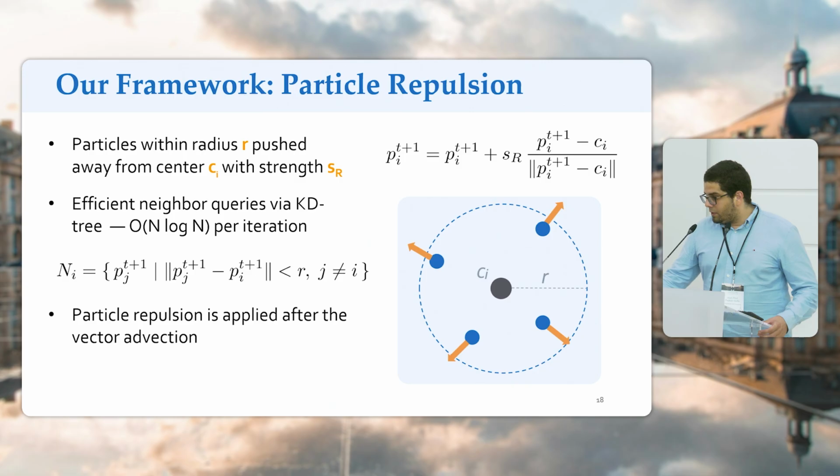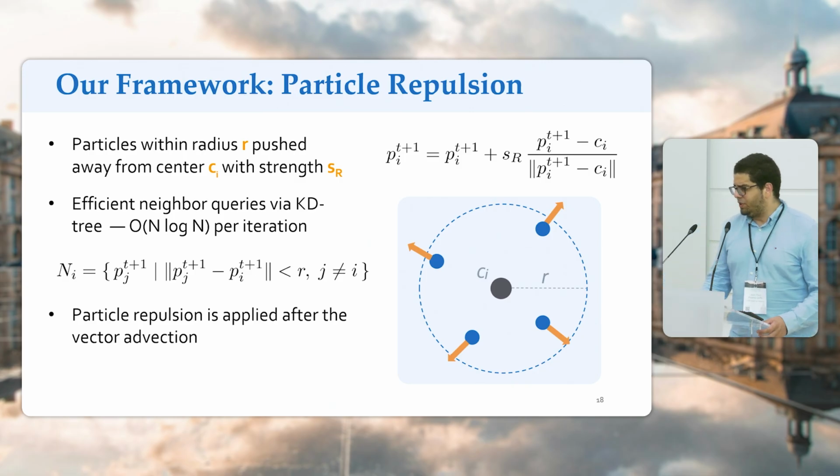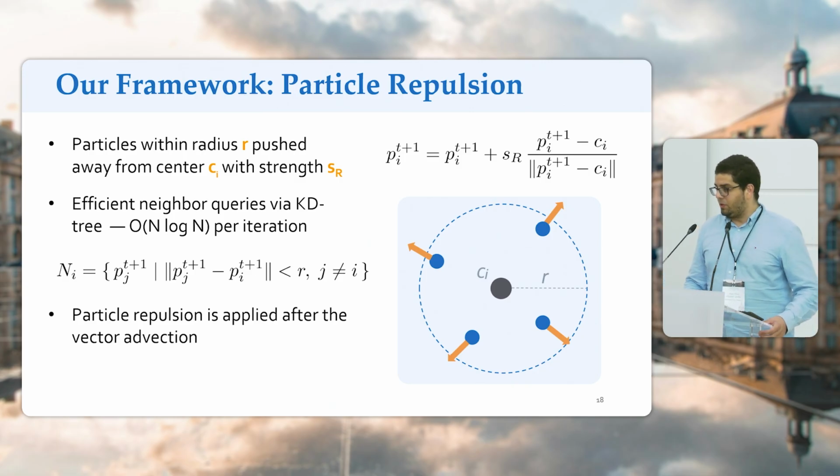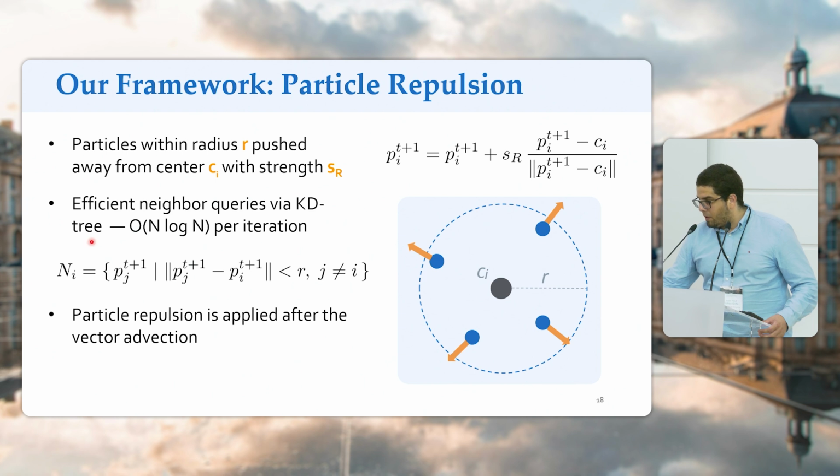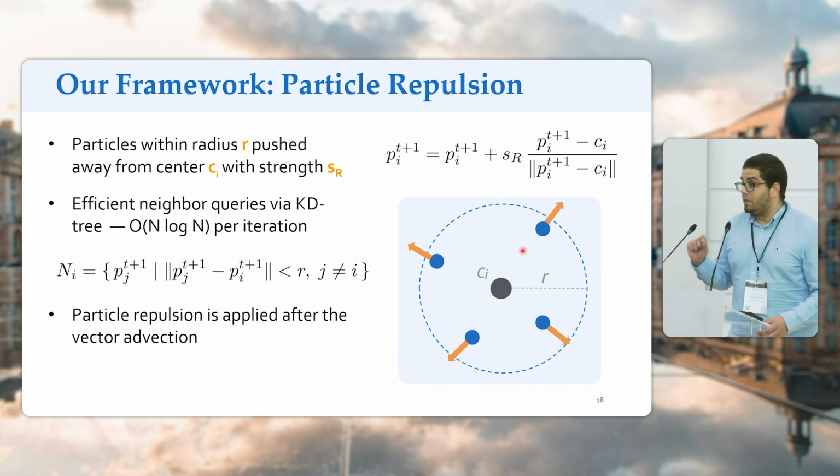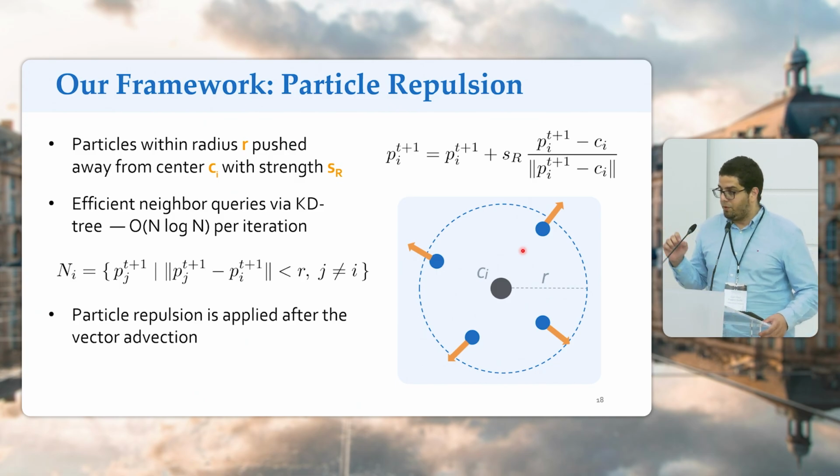Now let's discuss the particle repulsion. Again, the equation is simple. You have the direction from the point, let's see if we can use the laser. So yeah, you have a point and then a centroid, and basically you take the direction, and you have a repulsion radius, which we found is the key parameter.